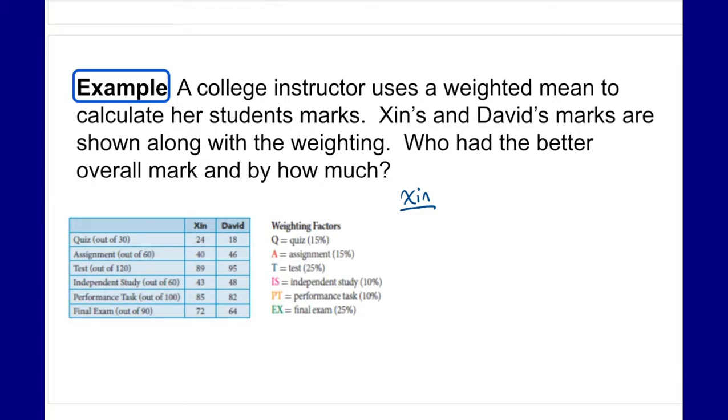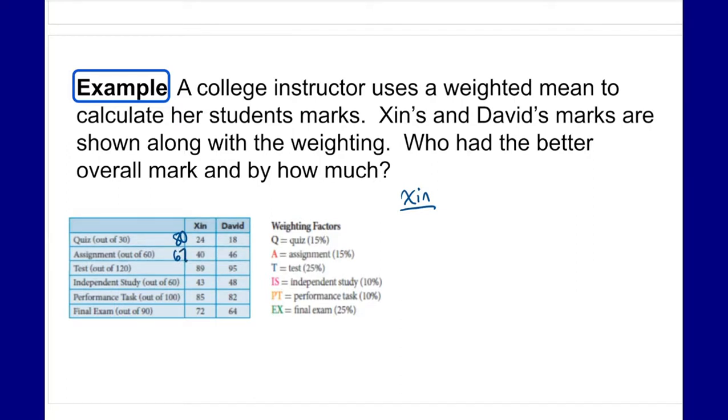So Jin had 24 out of 30. So 24 out of 30 was a mark of 80%. For the assignments, 40 out of 60, which was a 66%, or if we round it, 67%.